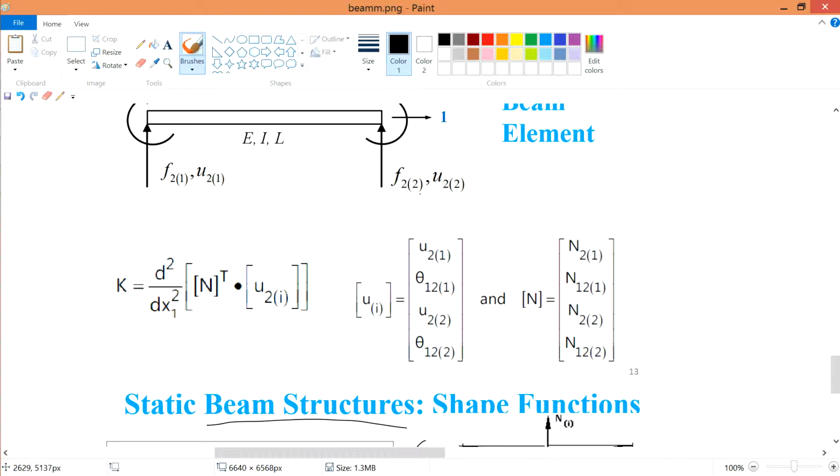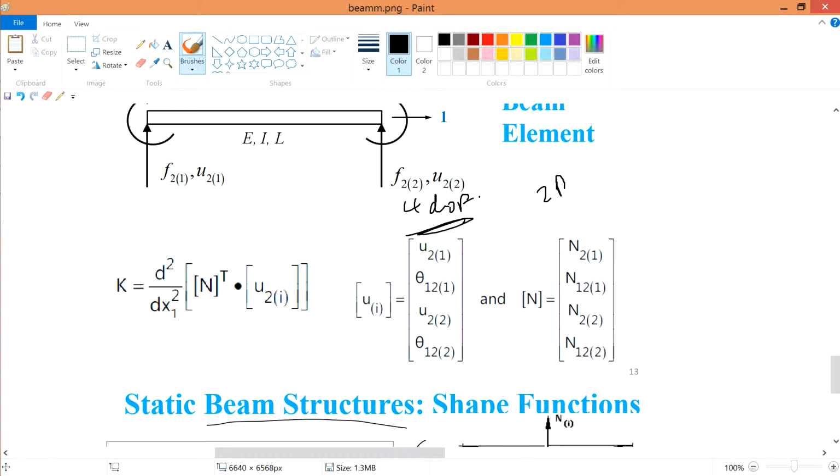As you can see now, your u there is at node 2. You have four degrees of freedom, so to speak. For 4 degrees of freedom, you need 4 shape functions.